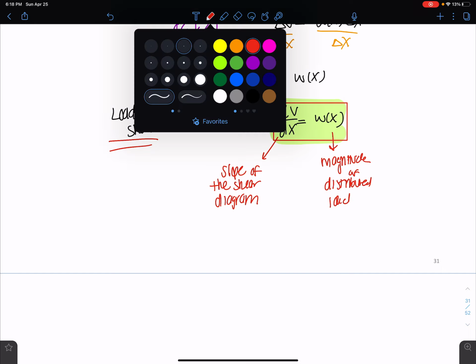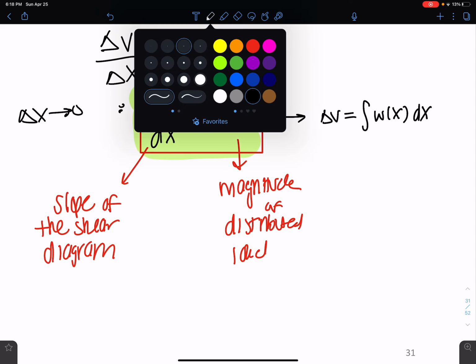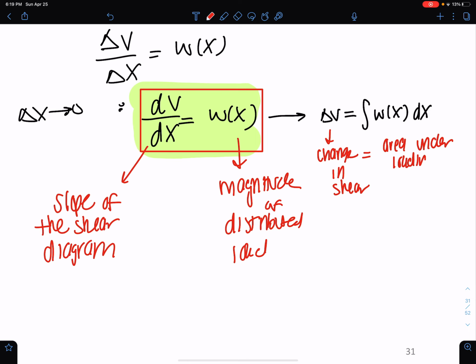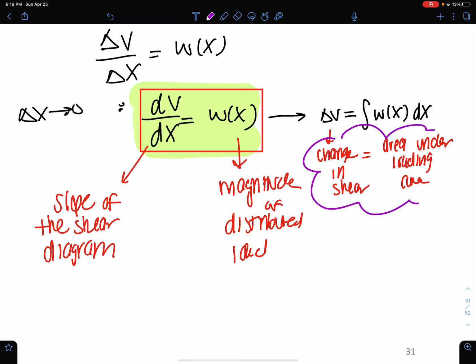This also tells us, we can rewrite this as delta V equals integral W of x dx. And this tells us that the change in shear is equal to the area under the loading curve. These are some very important observations that are going to help us draw these diagrams.